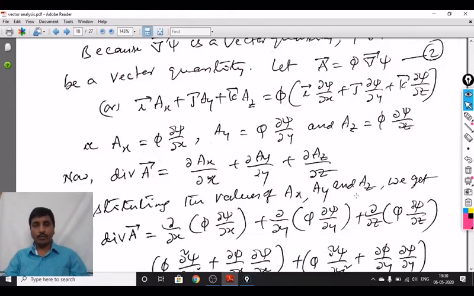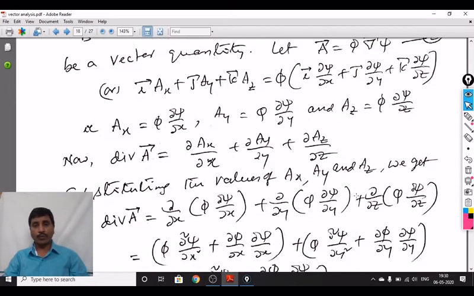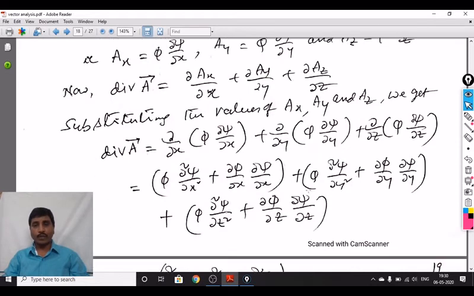In this equation, substituting the values of Ax, Ay and Az, we get div A bar is equal to dou by dou x of phi dou psi by dou x plus dou by dou y of phi dou psi by dou y plus dou by dou z of phi dou psi by dou z. In this equation, both phi and dou psi by dou x, dou psi by dou y and dou psi by dou z are variables.